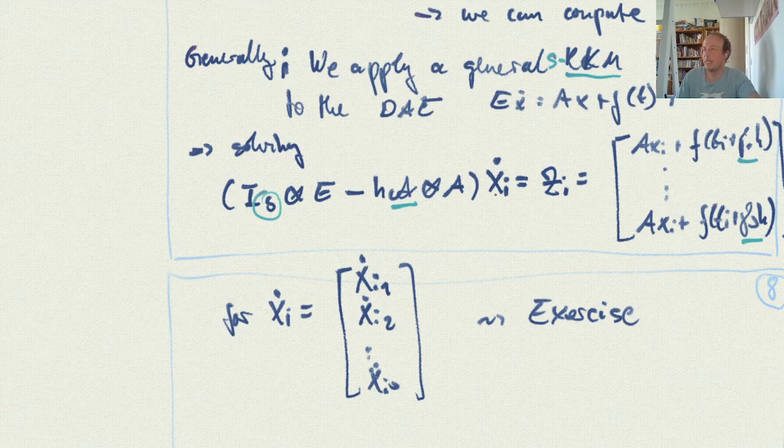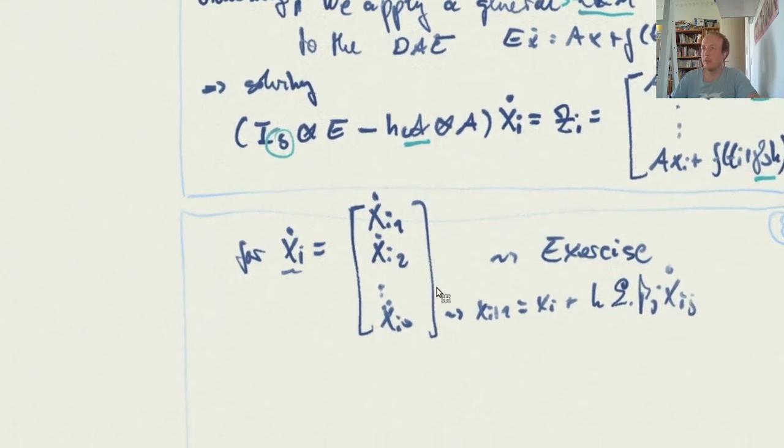You have to solve one large linear system for the stage values, and once you have the stage values, you compute the next iterate as x_{i+1} = x_i + h, here you have the betas again times the stage derivative values. So as I said before, this is important to compute those.